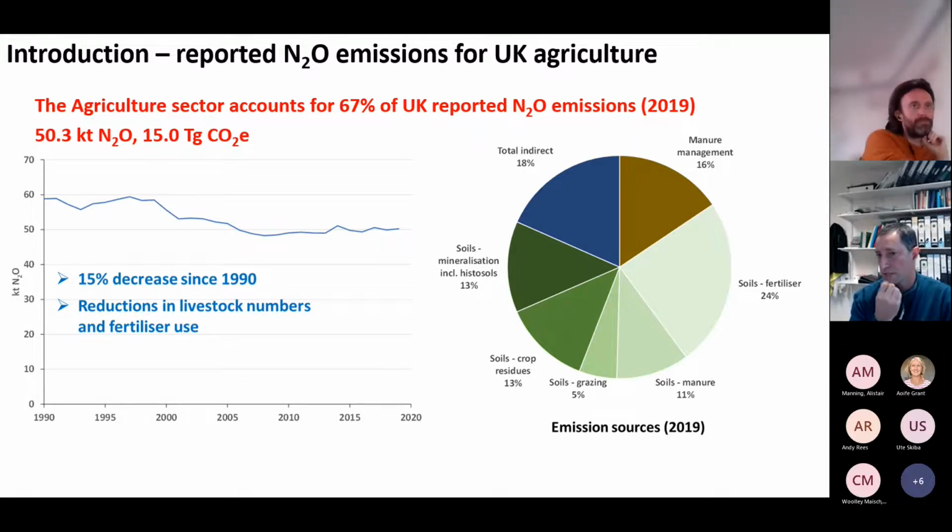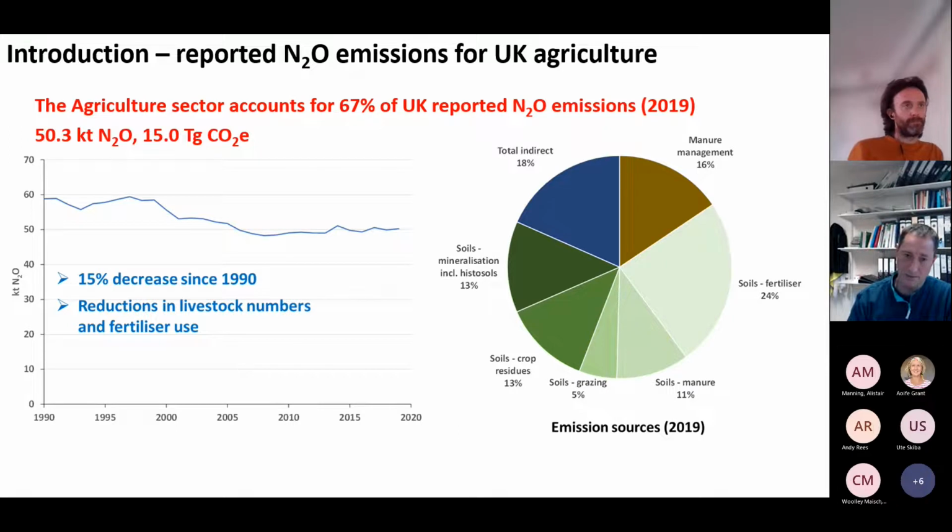Then we've got about 2/3 of the total emission coming from soils in one form or another, direct emissions from soils. So 24% is from nitrogen fertilizer applications to soils, 10% or 11%, sorry, from manure applications to soils, 5% from grazing livestock, so the dung and urine returns, 13% from crop residues, 13% from mineralization of organic matter within soils.